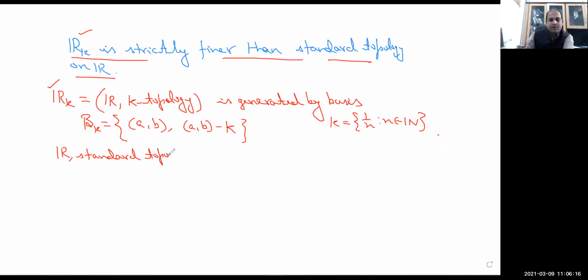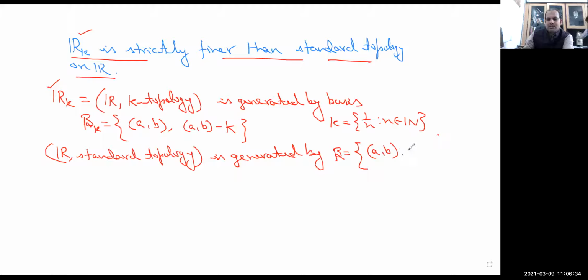We know that the basis for the standard topology, let me simply write as B, is basically the collection of all open intervals (a, b), where a and b belong to R. Here also a and b are real numbers. So this much information we have.